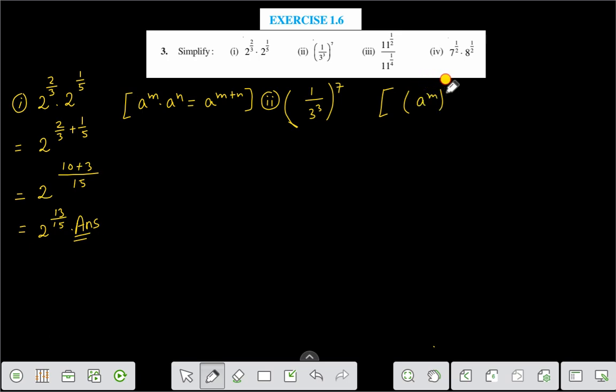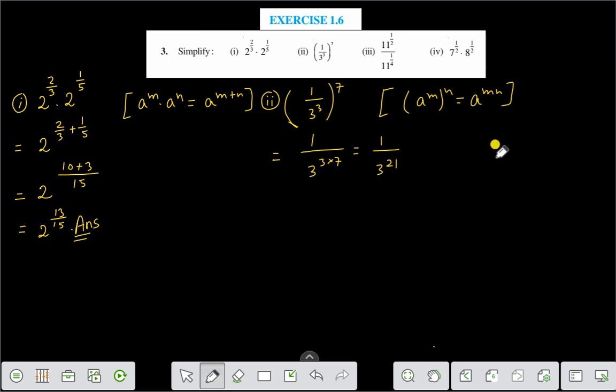to the power n is equal to a to the power m into n. Or you can use this formula as 1 by 3 to the power 3 into 7, or you can write it here as 1 by 3 to the power 21.